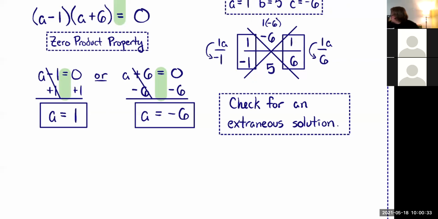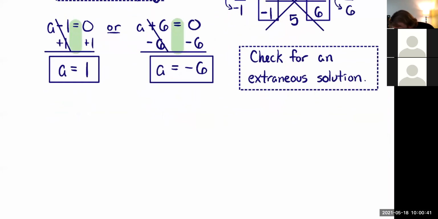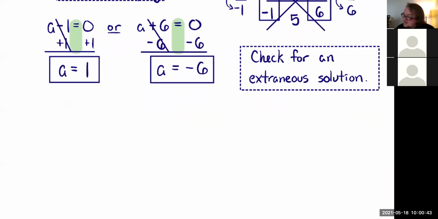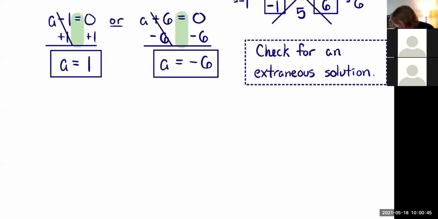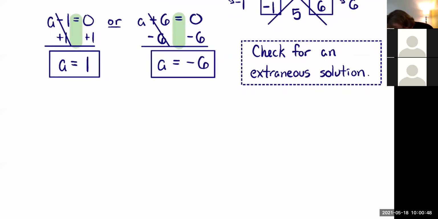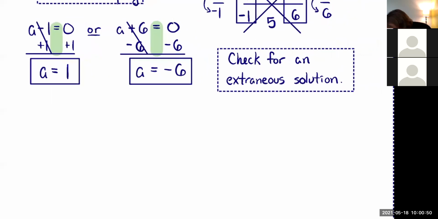The original, I have a copy here so I can see it. So we're using the original radical equation. I'm going to check a equals 1 first. So let me jot it down over here so we can see it: a plus 6 equals the square root of 7a plus 42.